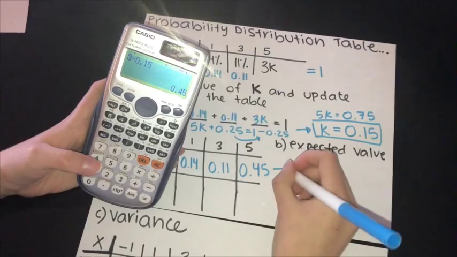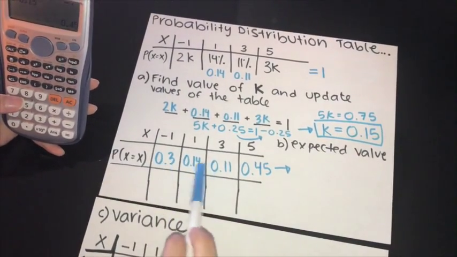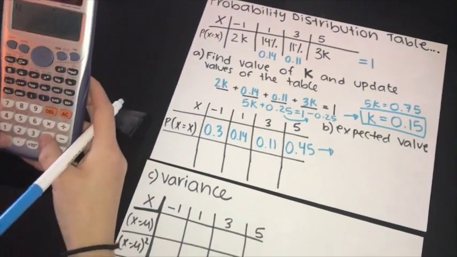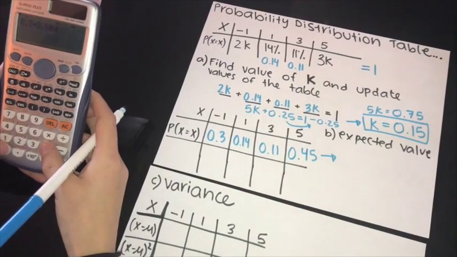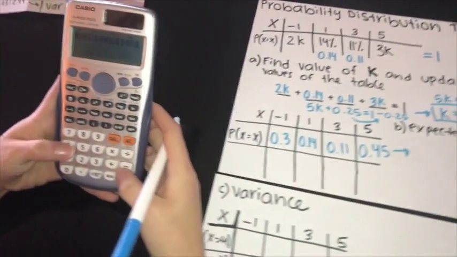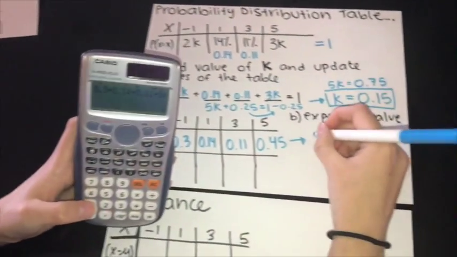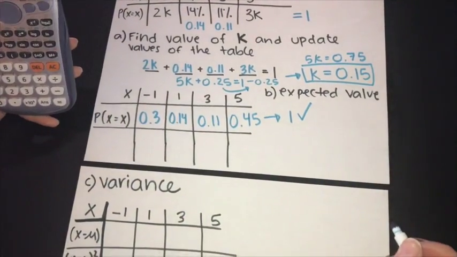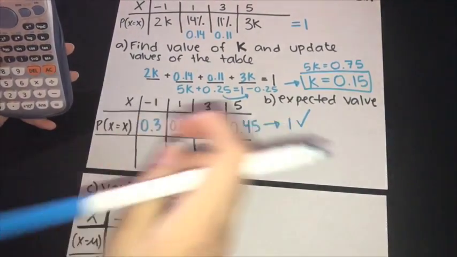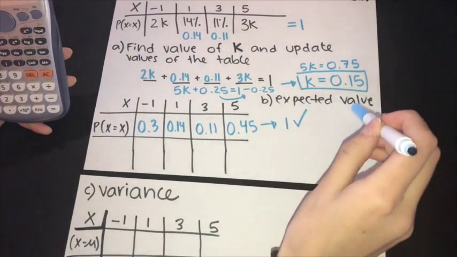Just to make sure that this answer is correct, we will add all of these to make sure it gives us 1. 0.3 plus 0.14 plus 0.11 plus 0.45 equals 1. Therefore, the answer is correct.